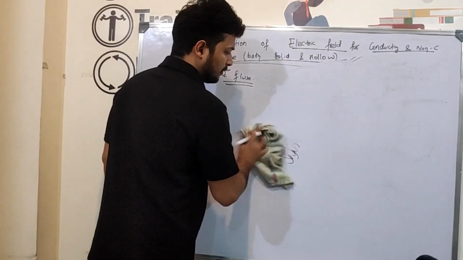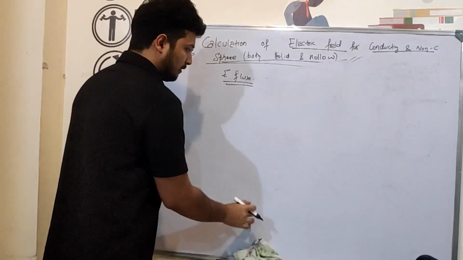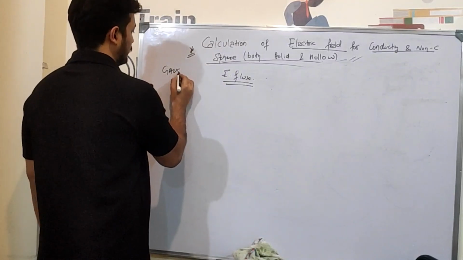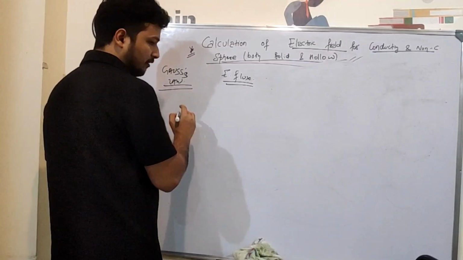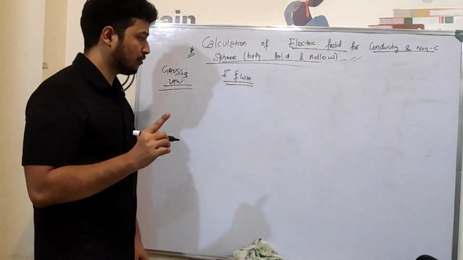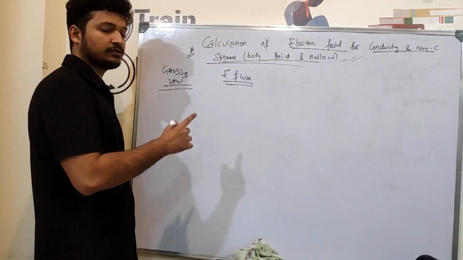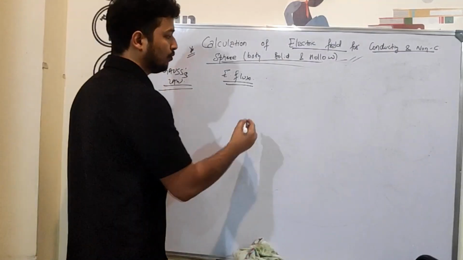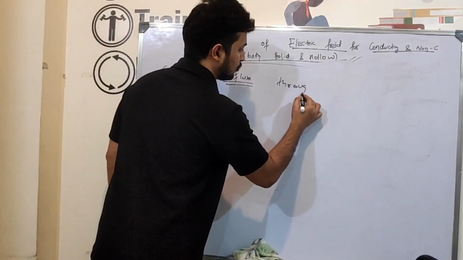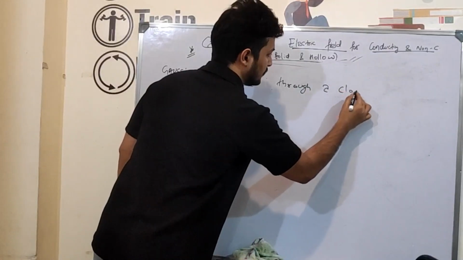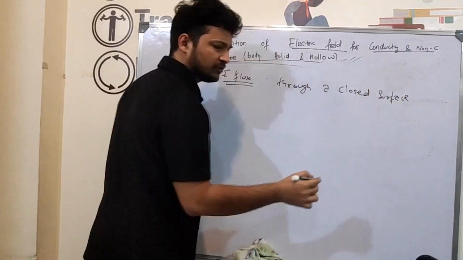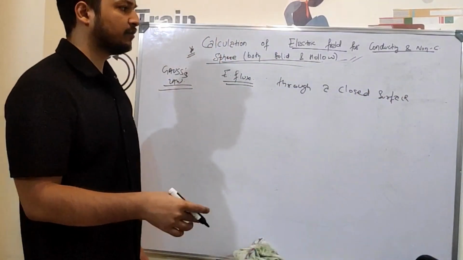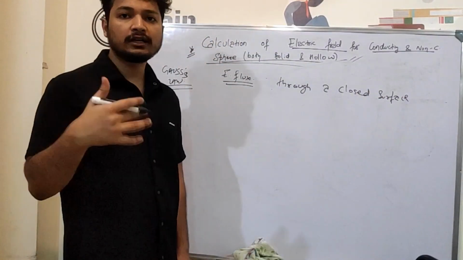Gauss law simply says, and it's a very fundamental law of nature, that the flux of electric field through a closed surface or closed Gaussian surface. Sometimes we imagine a surface and we call that surface a Gaussian surface.